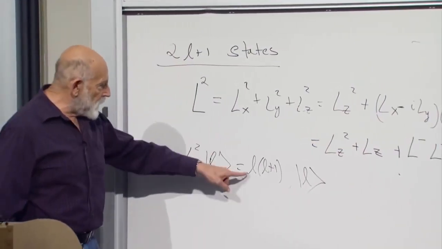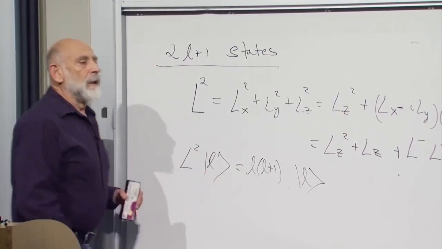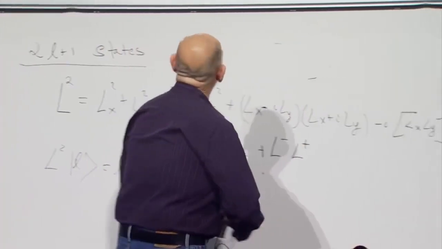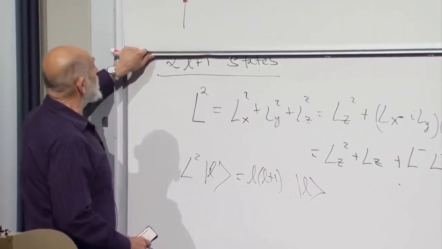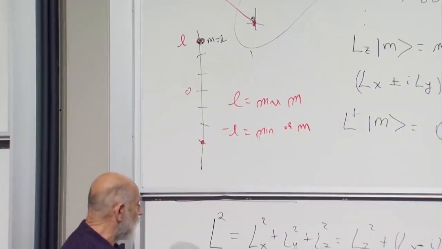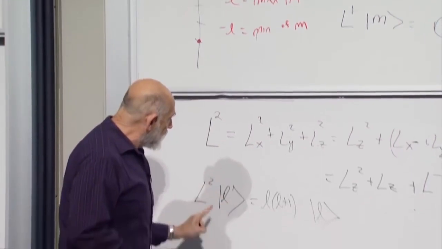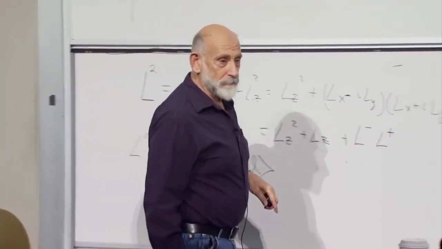L squared plus L is L times L plus 1. So we find out that the highest state in this multiplet has an eigenvalue of L squared, which is L times L plus 1.